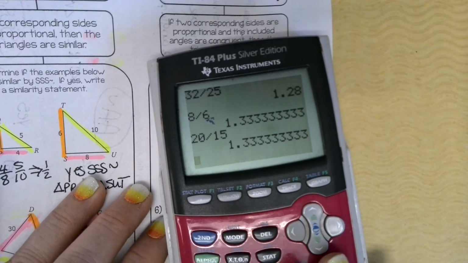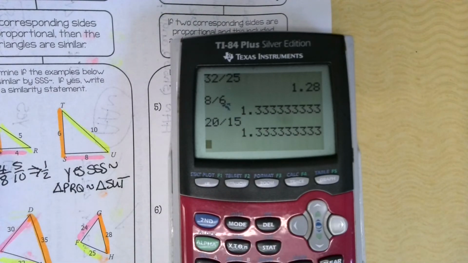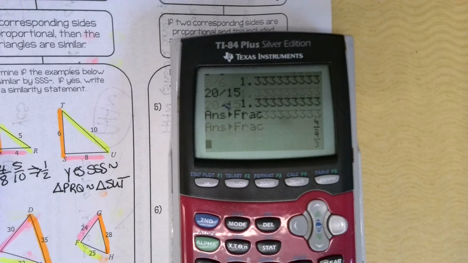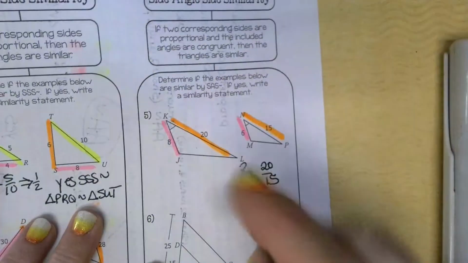Okay, and those give me the same ratio. And so, by the way, if I asked you for the scale factor, you have to reduce and give me the scale factor. Okay, so if I asked you for the scale factor, it would be 4 to 3. But if we're just checking the ratios, that's all you've got to see. They are the same. This is yes.